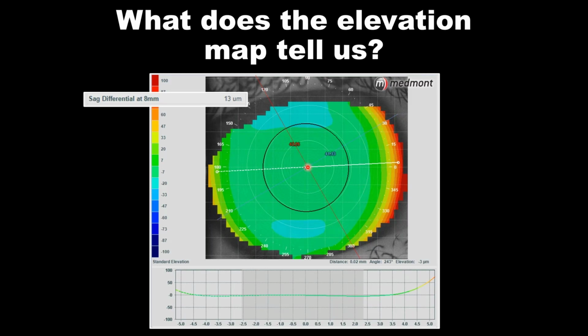So that's suggesting as the lens finds its equilibrium, you would expect the lens to want to fall toward this direction, move away from this highest point of elevation and find matching corneal height, find matching corneal shape. So the elevation map is also suggesting to us that a lens should ride temporal of apex.